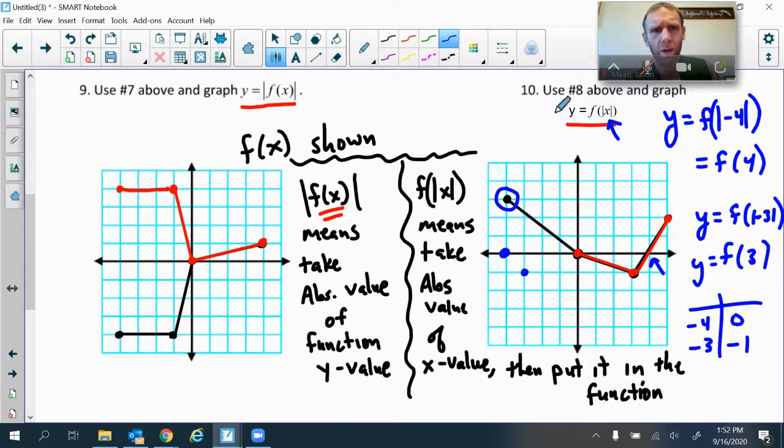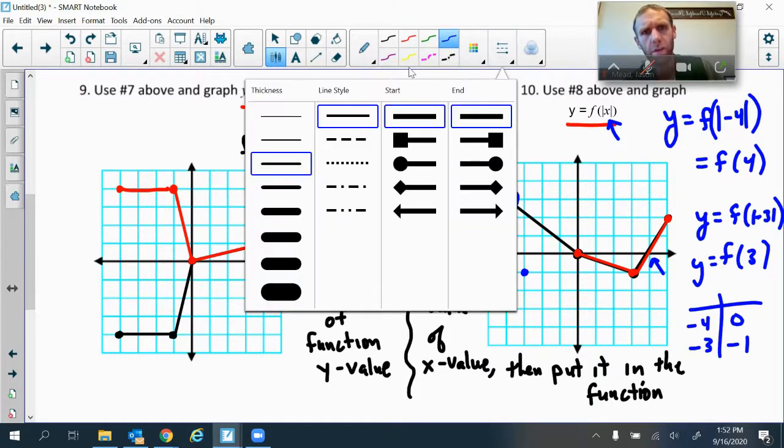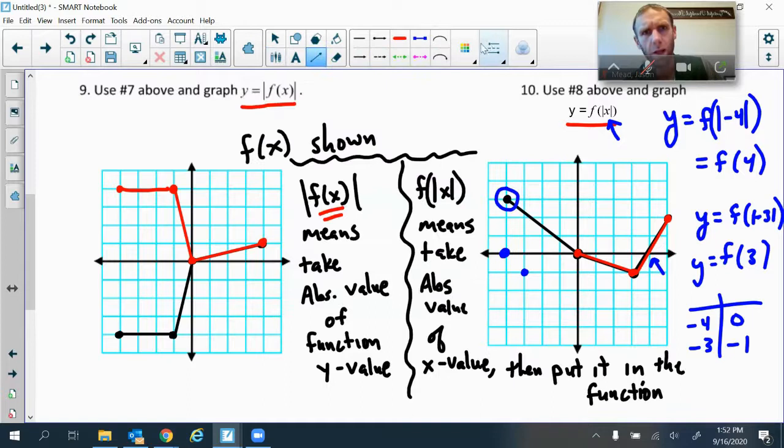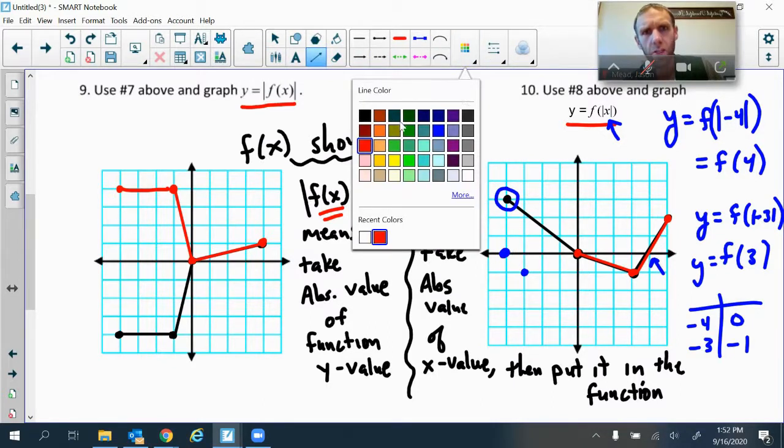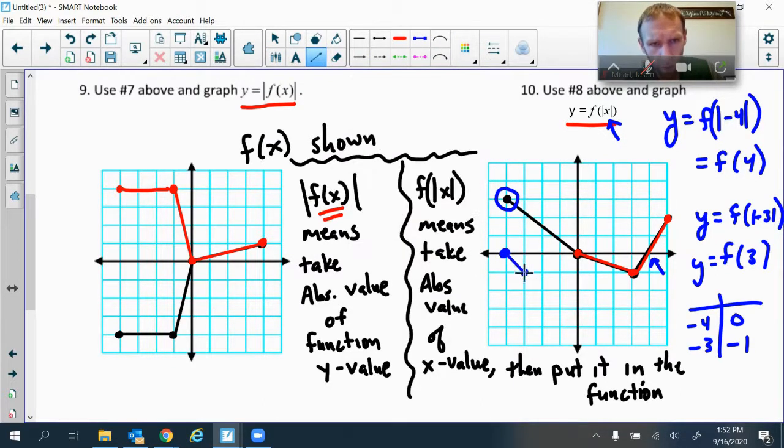And so basically what I'm noticing here is that my graph actually is going to start looking a whole lot like the graph looked like over here.